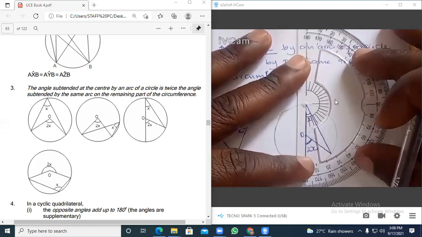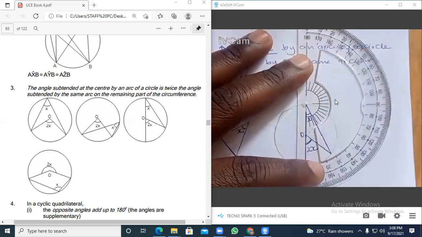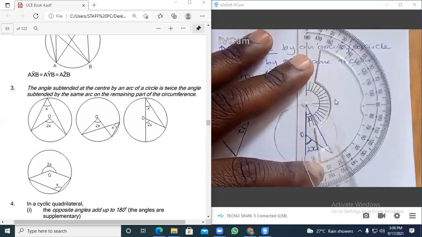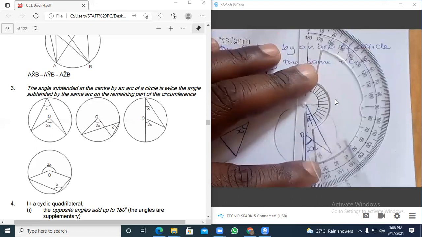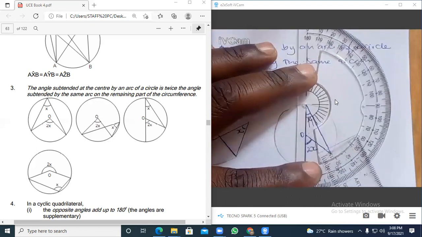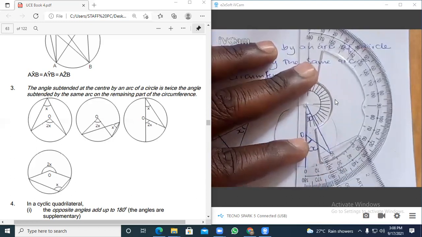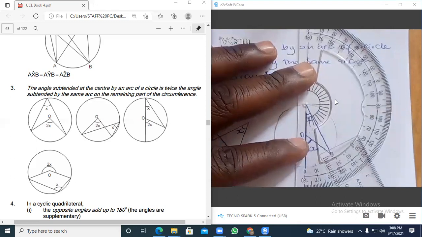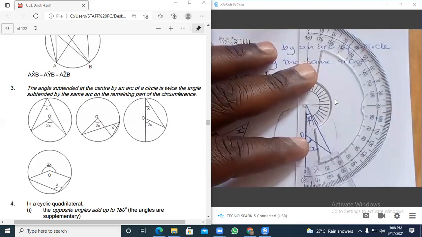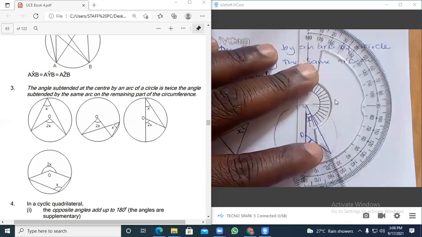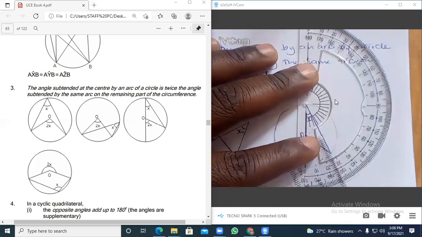So the angle here is 20. It's 21. Are you seeing? It is 21. Those who watch this video, sorry for that, but it's around 28 there.